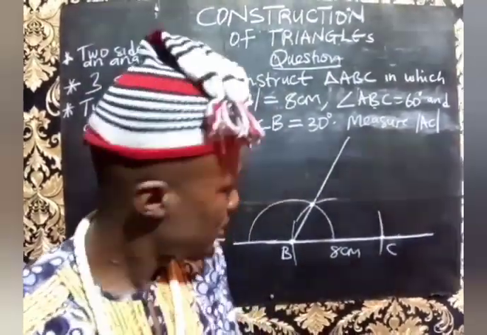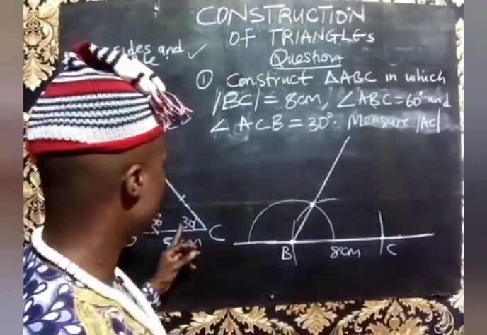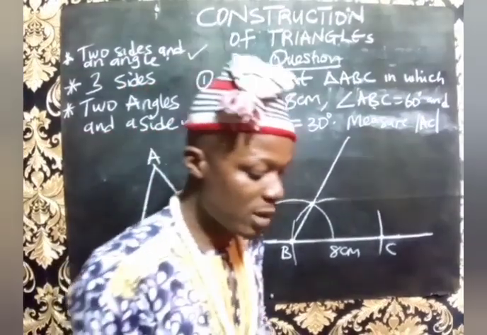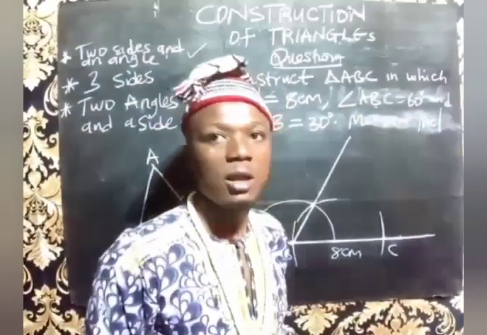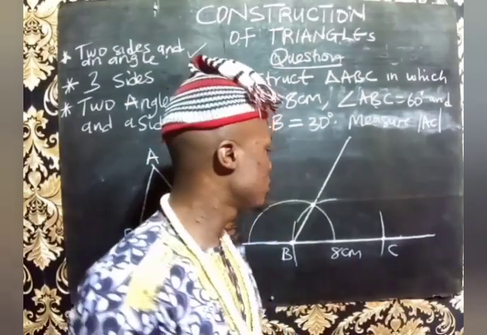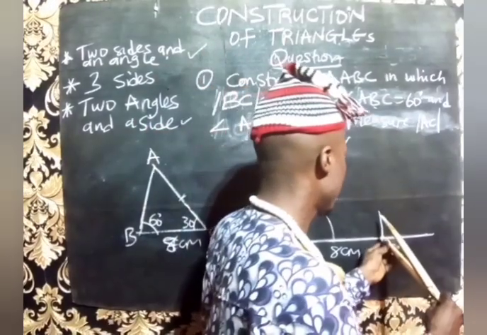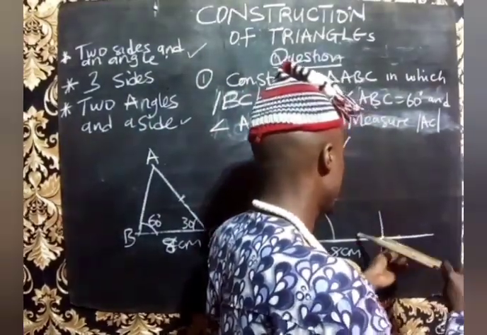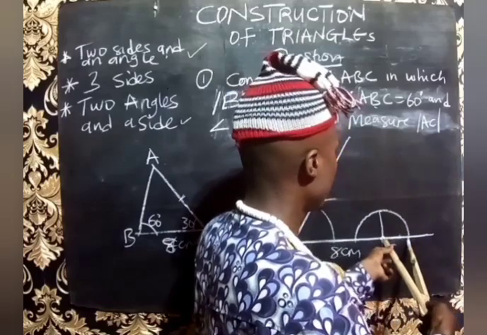Then leave it. Come to the side of C where we have angle 30 degrees. And remember, before you are able to construct 30 degrees, you must first construct 60 degrees, because the bisection of angle 60 degrees will give us 30 degrees. So let's make 30 here. Mark a semicircular arc as usual. Okay.